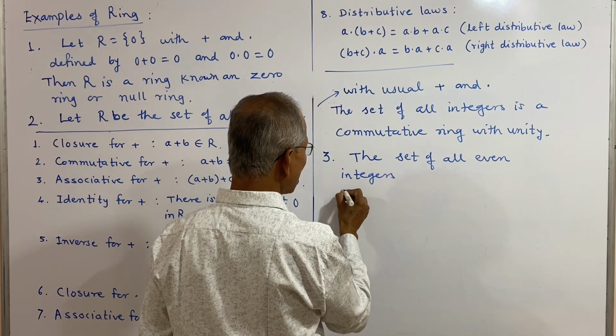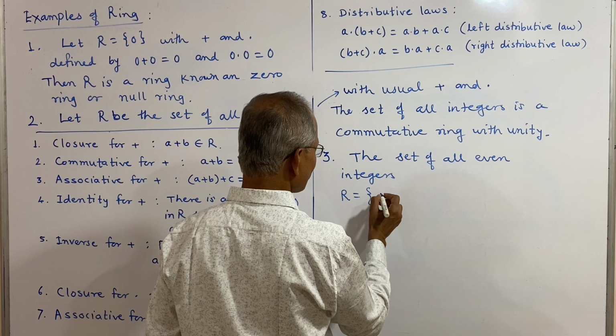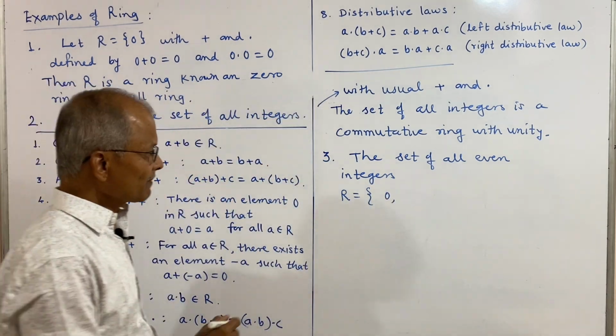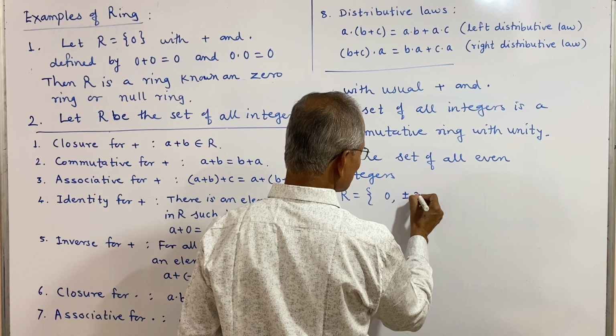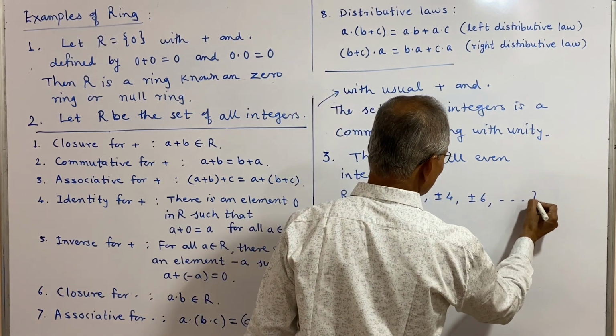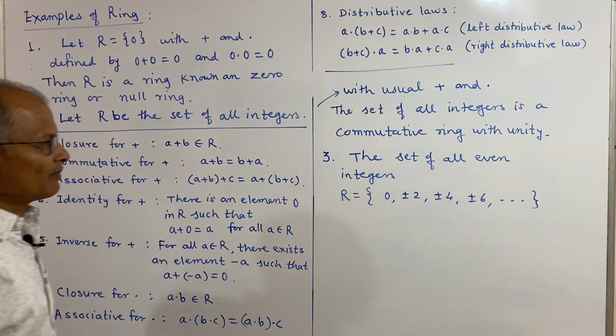That means here R will be of this type: even integers. 0 is even, 0, plus or minus 2, plus or minus 4, plus or minus 6, etc. So these are the set of all even integers.